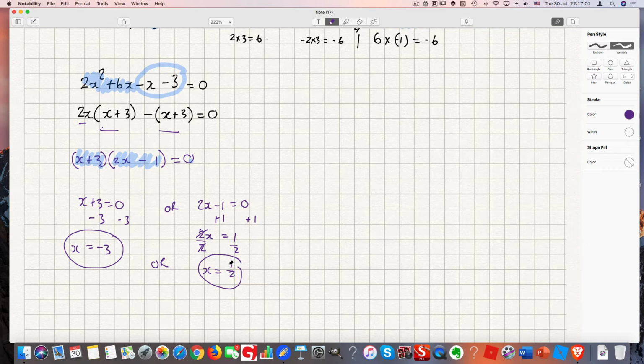And if we want to check if that is true, we just go back to the equation.